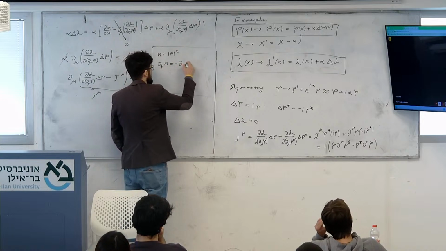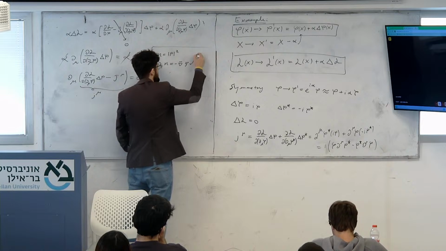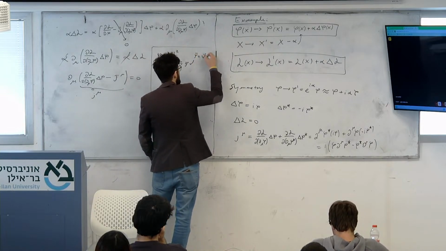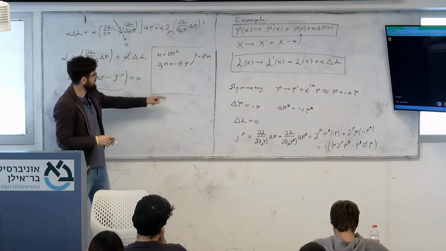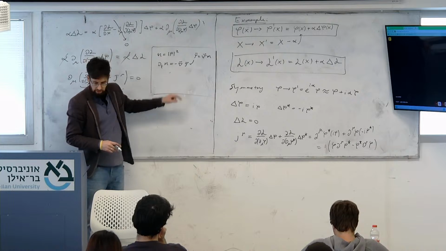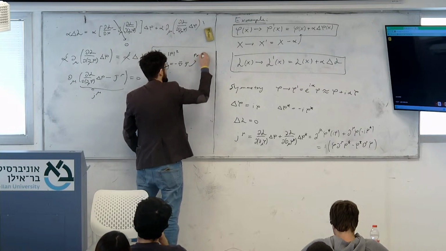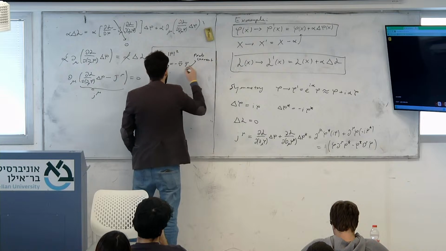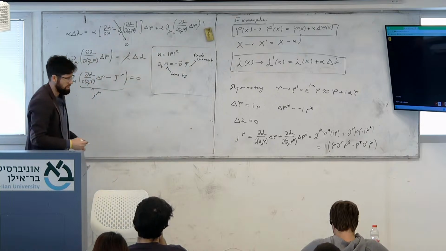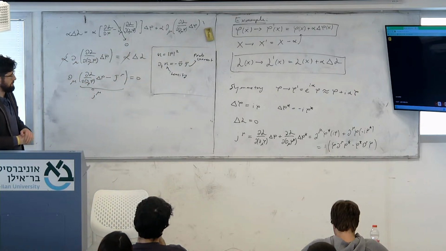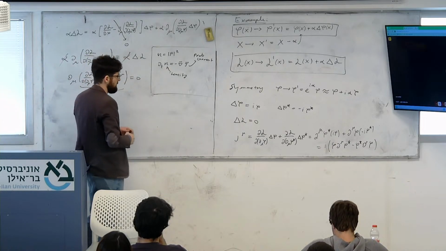Minus grad j, where this j is something like Vn. This is like a probability current, and this is density, right? And that's related to this symmetry. Okay, and then we can associate.